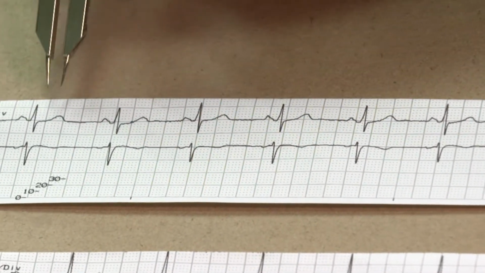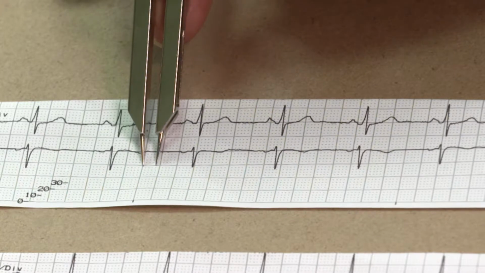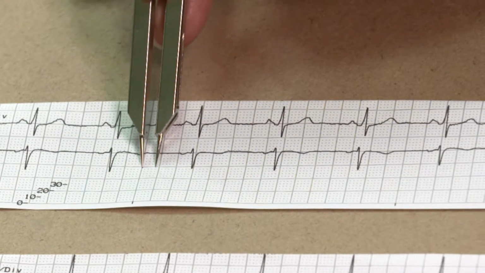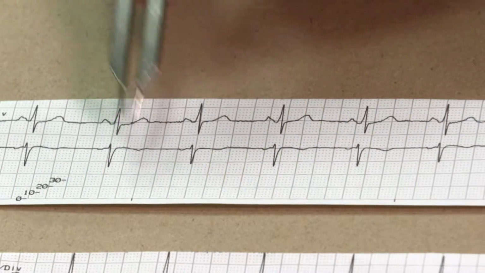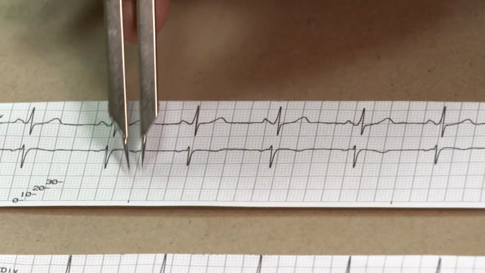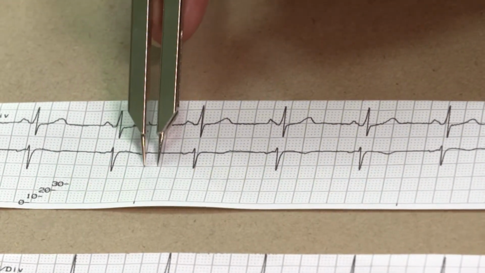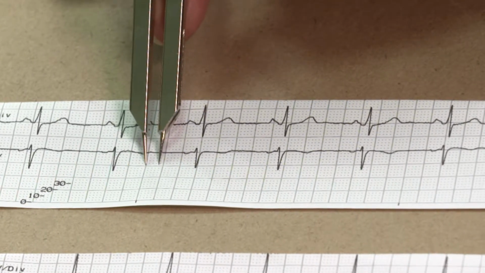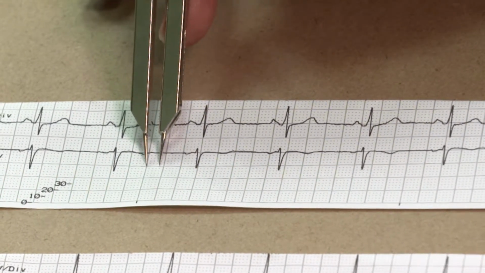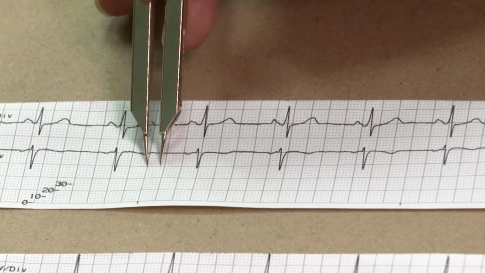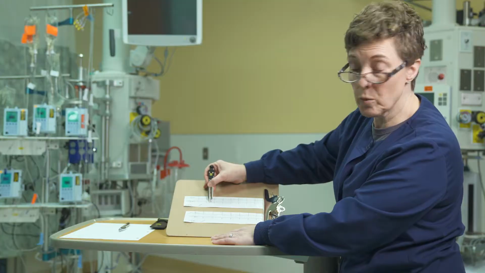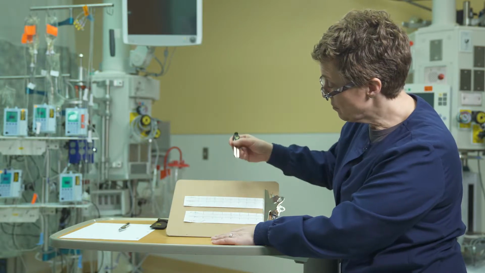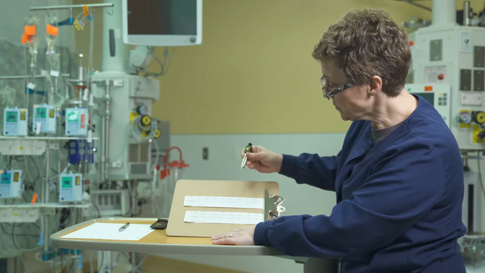So I find it simplest to take it away from the waveform itself and just put it onto a reference box using one of the solid lines and knowing that each box is 0.04 seconds. So this PR interval is 160 milliseconds or 0.16 seconds, which is within normal limits. So that's my PR interval.